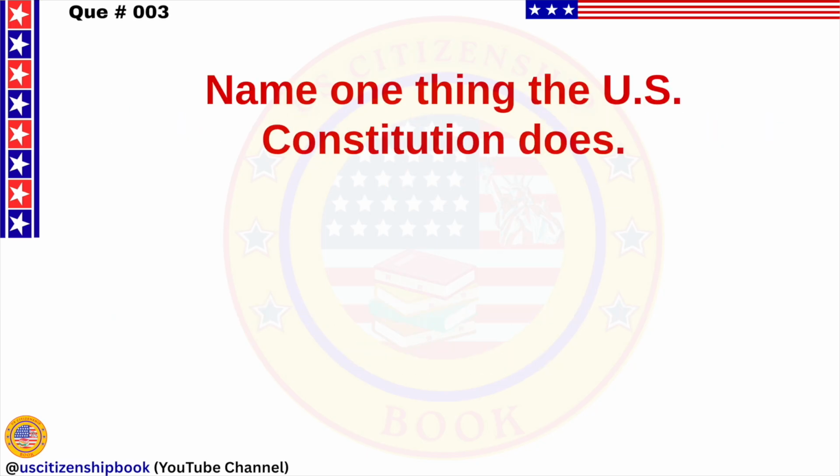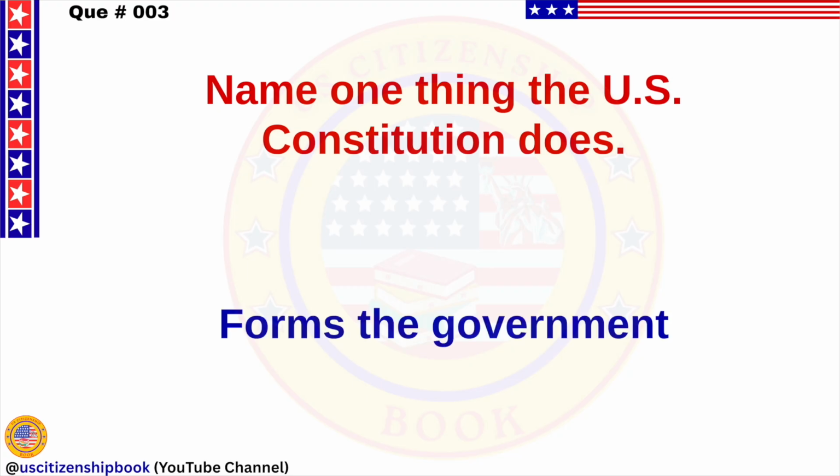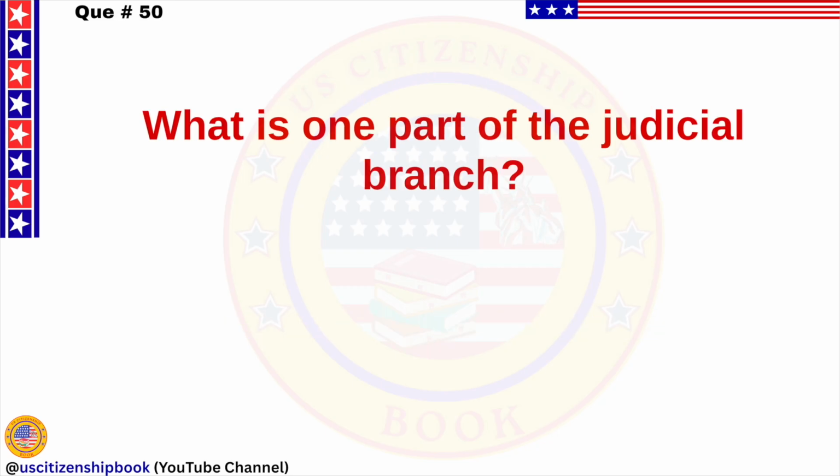Name one thing the U.S. Constitution does. Forms the government. What is one part of the judicial branch? Supreme Court.